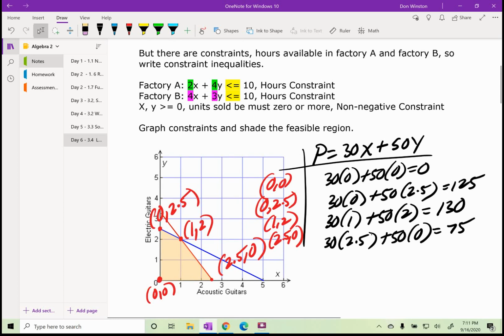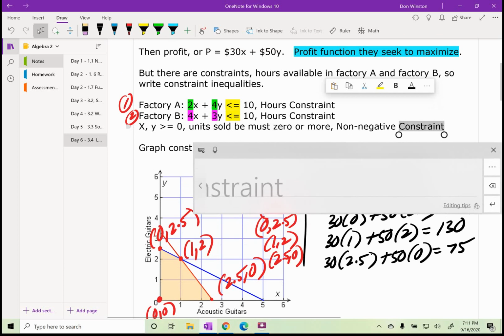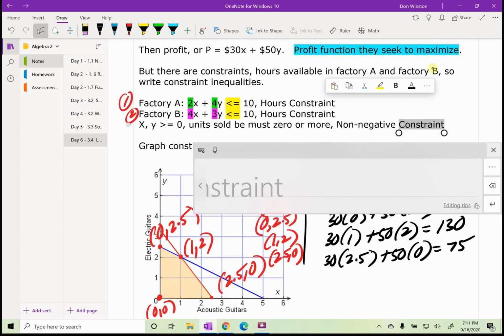That's already done here for us. So the feasible region is what you see there. If I were to graph those constraints, there are 4 of them. So this is 1 constraint, and that's 2 constraints, and then both x and y have to be greater than or equal to 0. You can't have negative. They're not going to sell negative guitars. Okay, that just doesn't make sense.